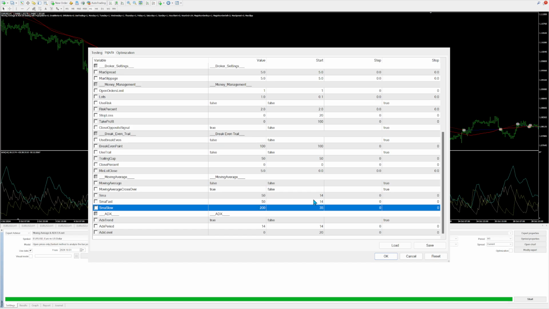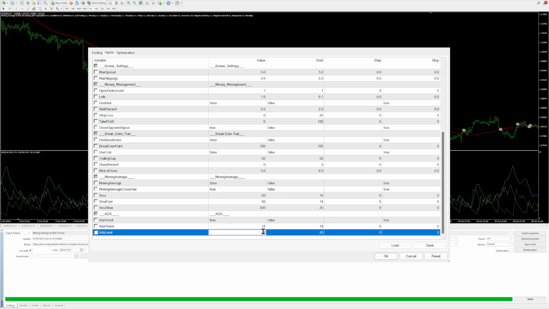When the 50 crosses the 200 upwards, it's known as a golden cross. Could be a strong bullish signal, just as when the 50 crosses the 200 downwards could be a strong bearish signal known as a death cross. I do have videos on both those strategies you might want to check out. But you can combine those with the ADX trend. Say the ADX trend happened to be above 20.